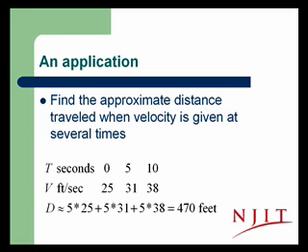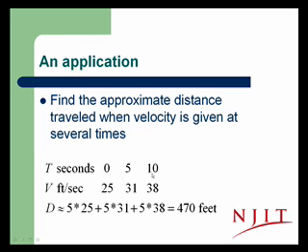Okay, an application of finding the area under the curve is in approximating the distance traveled when a velocity is given at several times. As we noted earlier, the position is given by the antiderivative of the velocity. Another way to look at that is to consider the velocity as rectangles and consider how long one is traveling at each velocity. So suppose we're going at 25 feet per second, and then at 31 feet per second after 5 seconds, and then 38 feet per second after 10 seconds.